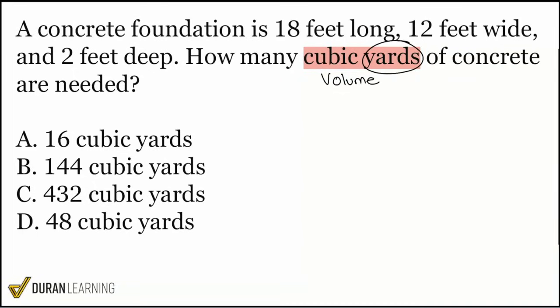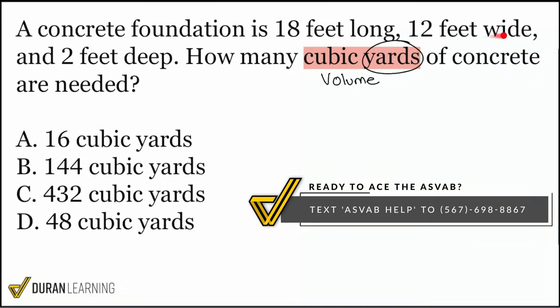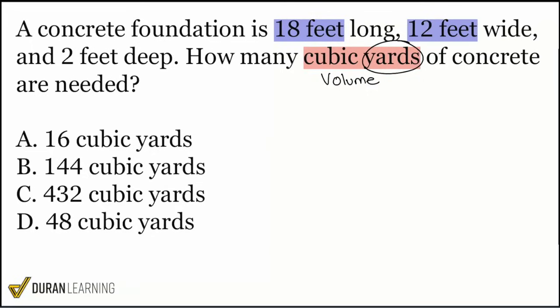When we take a look at the information we have, we might notice that it says 18 feet long, 12 feet wide, and 2 feet deep. In each of those, we see 18 feet, 12 feet, and 2 feet.